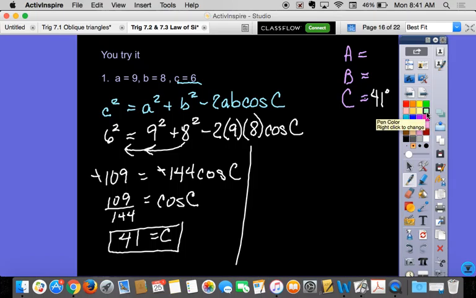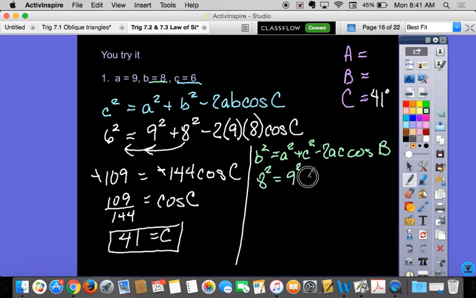And let's just keep using law of cosines. Next side that's in size, or next angle in size, is angle B. So b squared equals a squared plus c squared minus 2ac cosine of b. So that would be 8 squared, 9 squared, 6 squared, 2 times 9 times 6 cosine of b.